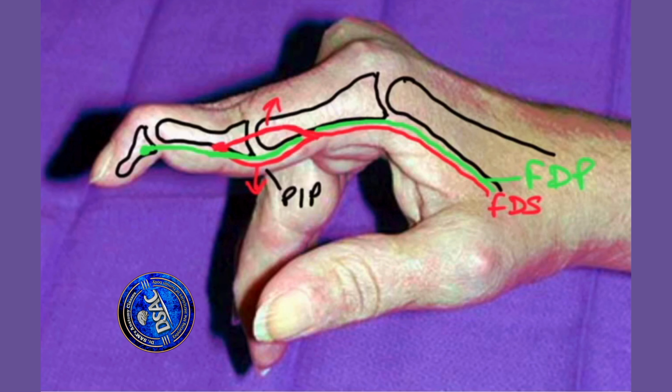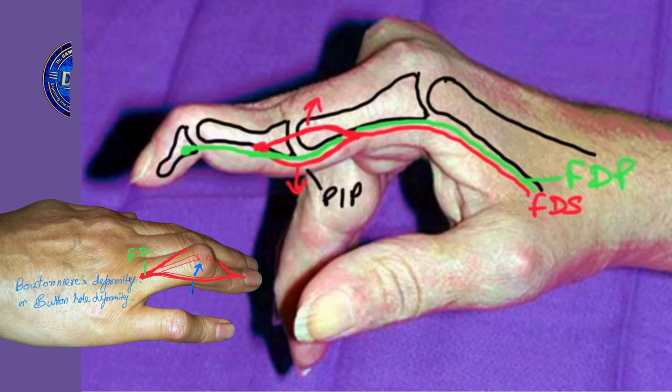So when there is a gap created, obviously, people who are professionally involved in such work where they have to hyperextend their digits, and mostly because of rheumatoid arthritis, because of the imbalance between the musculotendinous pull on different adjacent joints, that leads to weakness of this tendon on the palmar surface, flexor digitorum superficialis, and through that gap between the two lateral slips of flexor digitorum superficialis, this PIP may pop out on the ventral aspect, that is the palmar surface. But this is not so prominent, unlike the buttonhole deformity.